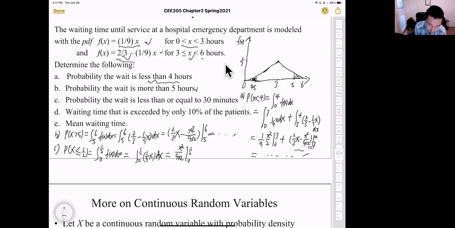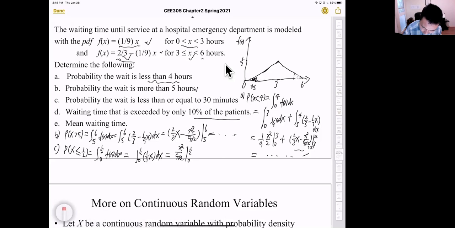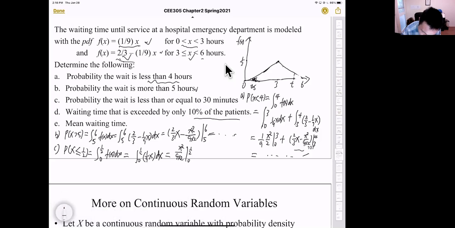Part D is a little bit different. The wait time that is exceeded by only 10% of the patients. So that is asking, what is the time t that only 10% of patients waited more than.